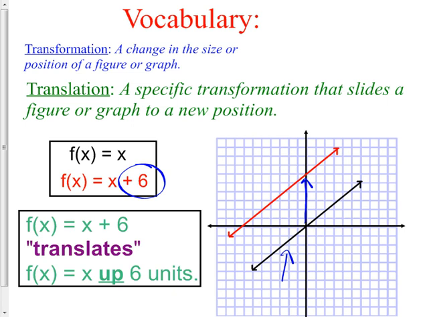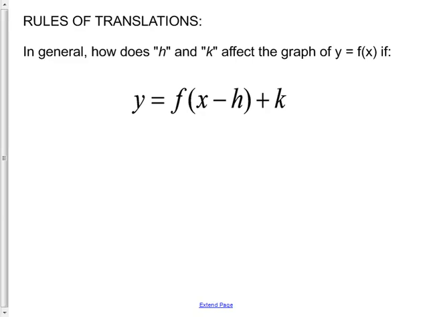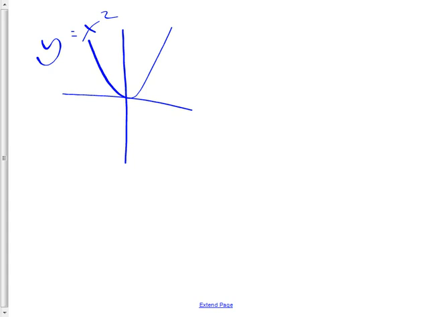And I hope you figured out yesterday the general idea for these functions. I would want you to know a few of these functions by heart. Like, if I say y equals x squared, you should automatically go, oh yeah, that's this one. Right? All right. I also want you to know y equals square root of x, which is that one.